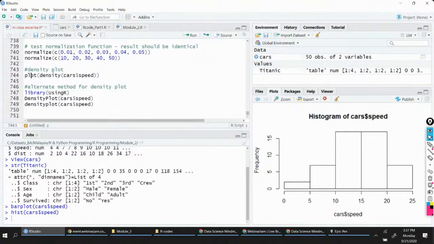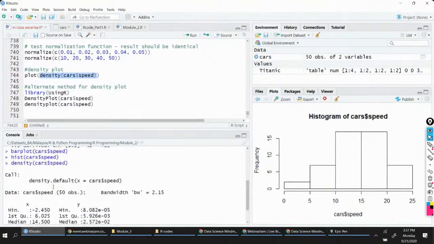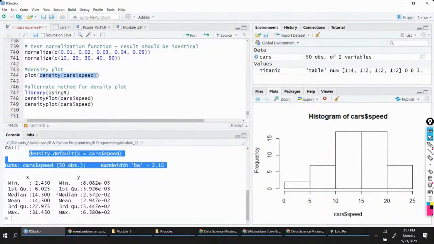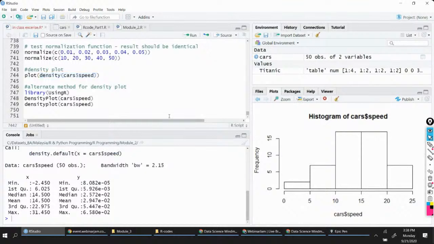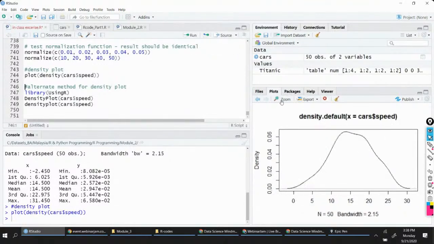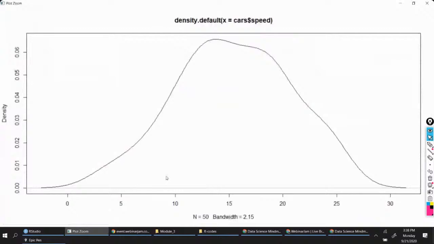Plot the density of this. If I just select this and execute, then this is giving us the density calculation. Density is nothing but area, the shaded portion, right? So I'm coming up with a plot on top of that density calculation, and you see this is the bell-shaped curve that you get.